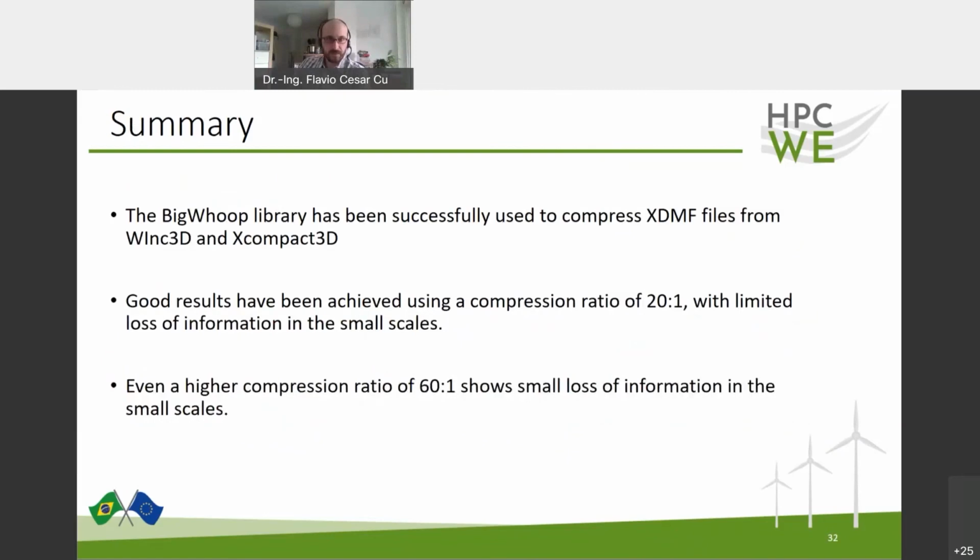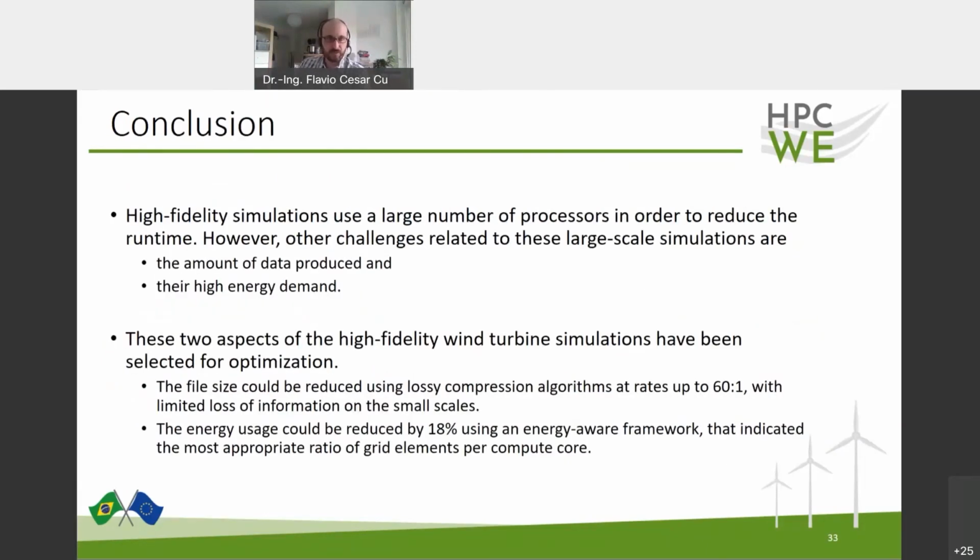So we skip that and jump to the conclusions. We have seen the aspects of high fidelity simulations, the amount of data produced, and also the high energy demand. These two aspects have been selected for optimization, and we could use a lossy compression algorithm that could compress the data with a compression rate of 60:1 with good results.